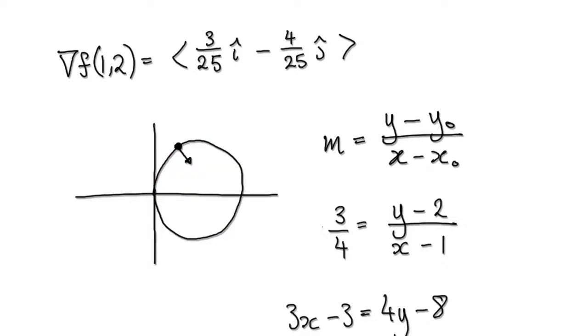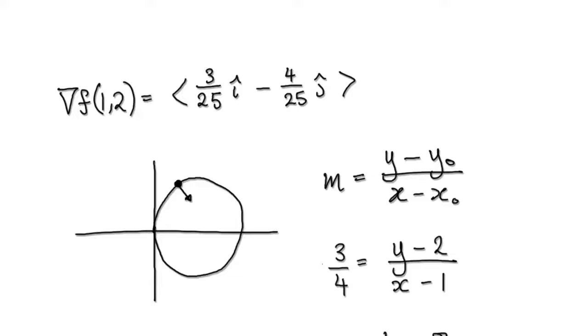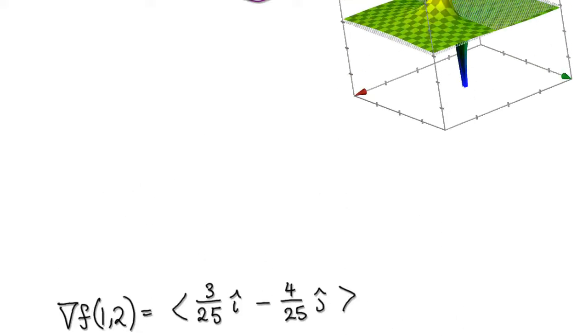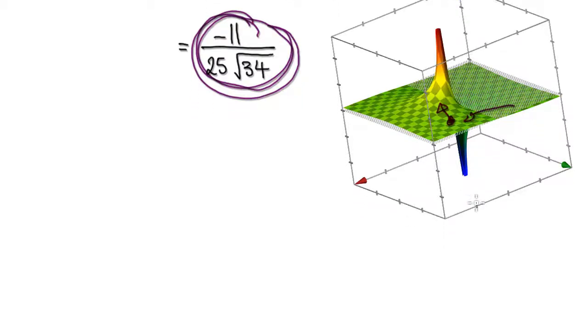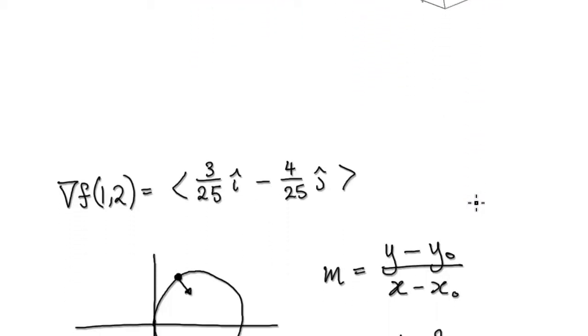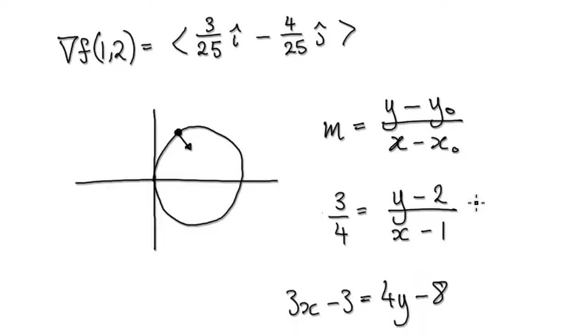Let me go back one step. So we're here at the moment. If you want to know the gradient at that particular point, it is given by this. At this point here, the level curve will look something like this.